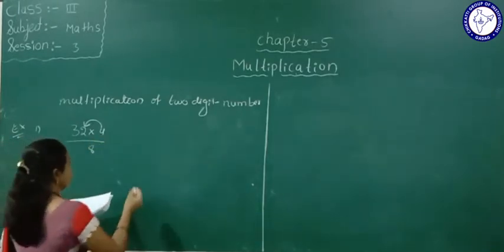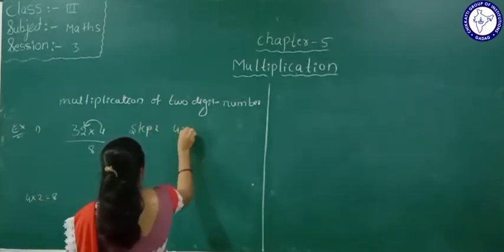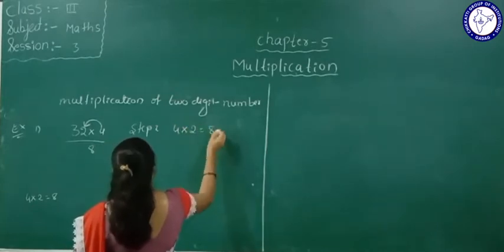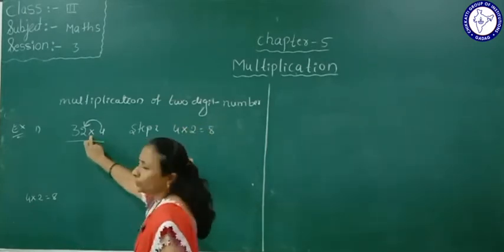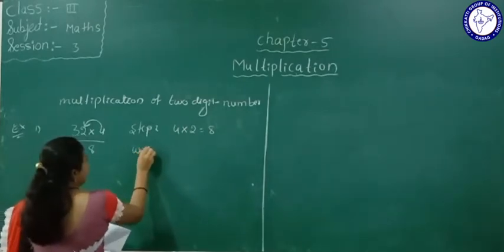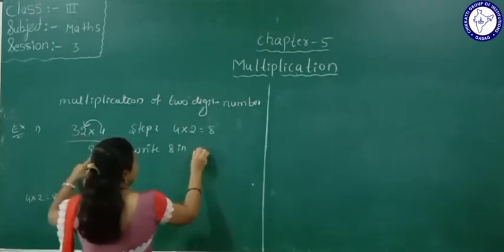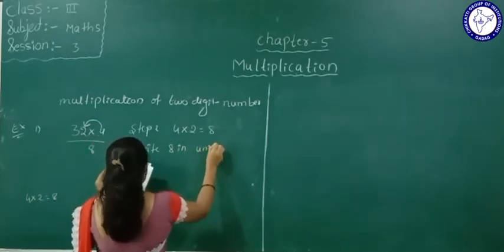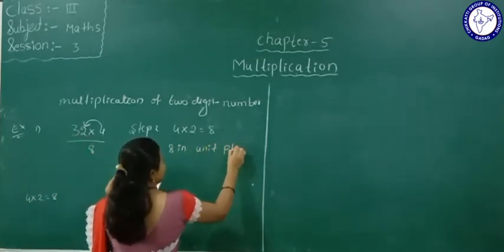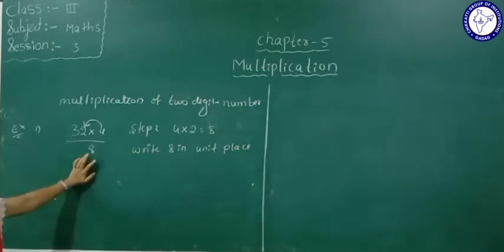So we will write it as step 1. They have given 2 steps here. In step 1, 4 into 2 is equal to 8. So write 8 in the unit place, or ones place. Okay, in the ones place I'll write it here.